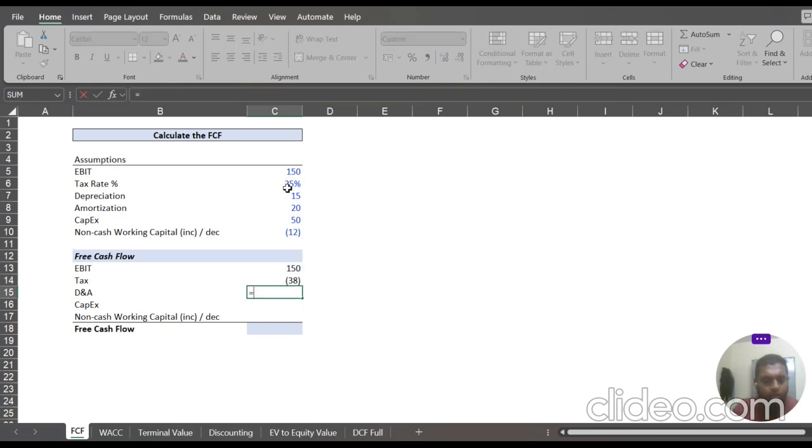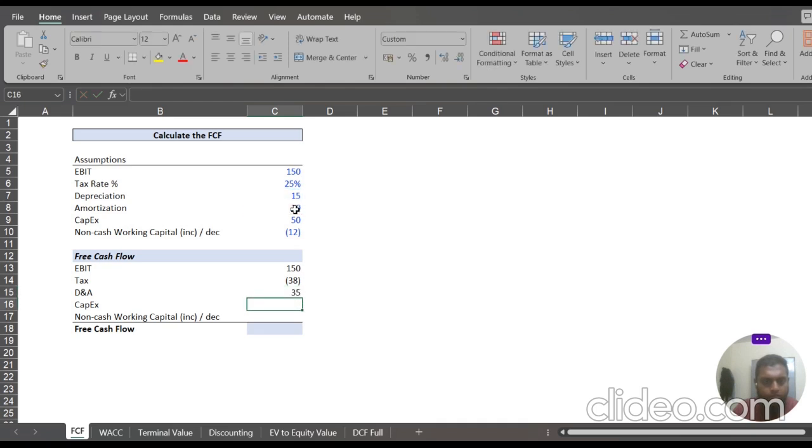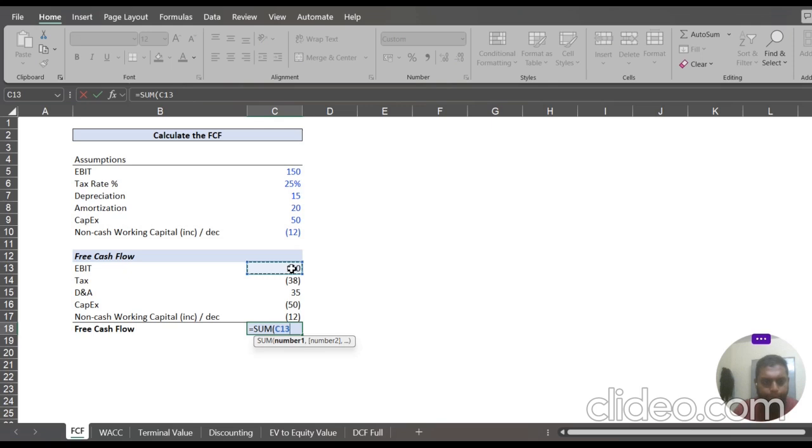Then the depreciation and amortization, and this 35. Capex, we take it as minus according to the formula, and this will be taken as cost to assets. So we'll do the sum. It will give 86. The free cash value we have found.